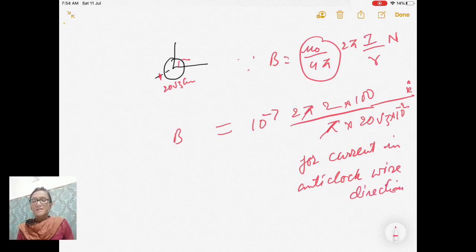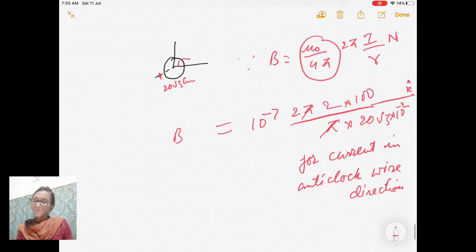Direction of current is not given. So you need to assume that if current is along anti-clockwise direction, B is along positive k cap, but if current is along clockwise direction, then the direction of B will be along minus k cap.